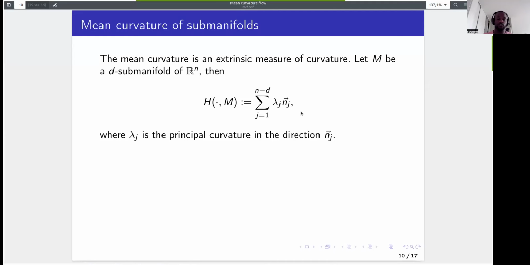So you take a direction and you just consider the restriction of your manifold on this direction, so it becomes a curve, and you compute the curvature of the curve, and this is the principal curvature in the direction you've chosen. And you do this for an orthonormal basis of directions, and this gives you the mean curvature at a certain point.